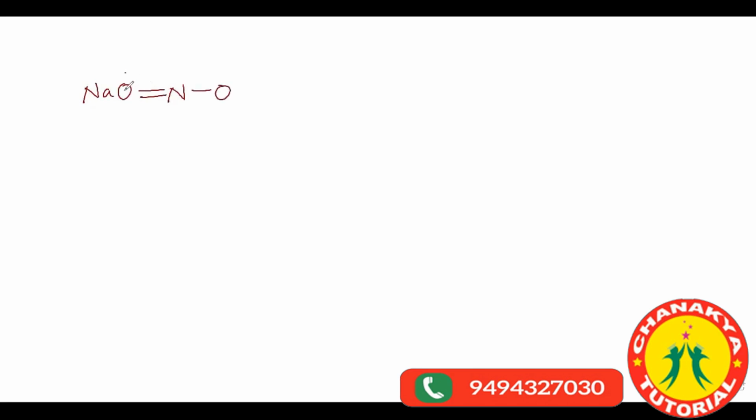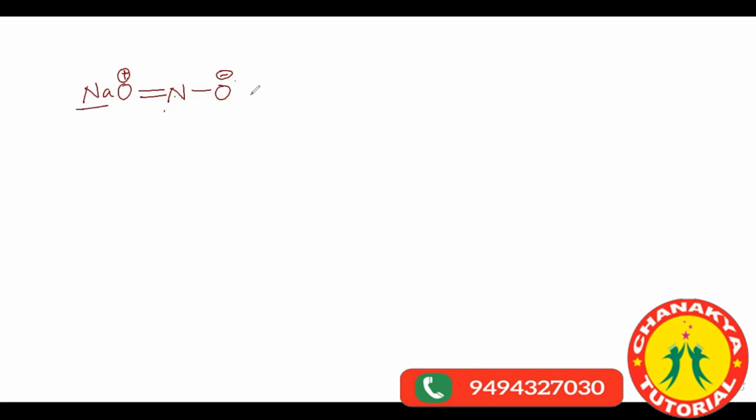As this oxygen uses its lone pair to form a double bond with nitrogen, it becomes electron deficient. Here there won't be any double bond, and the charge shifts onto the oxygen. So one is electron deficient and the other is electron rich. Correct? Yes or no? NaNO2. This is the basic structure of NaNO2.